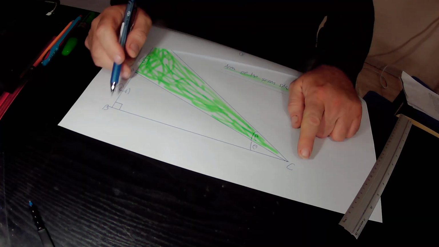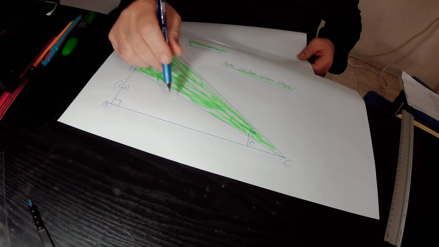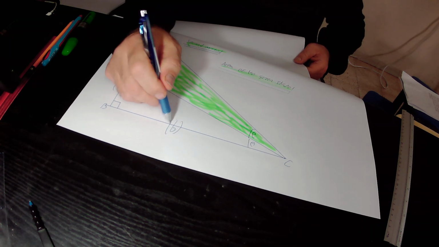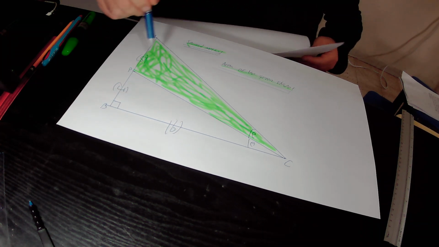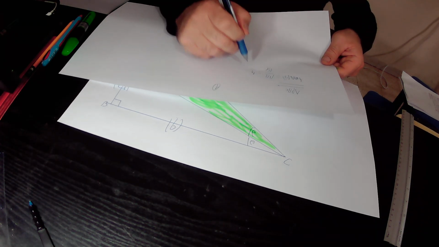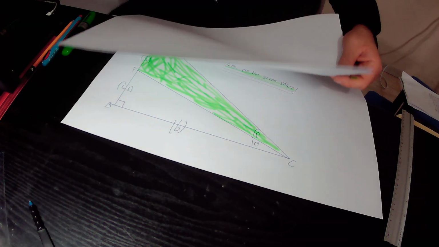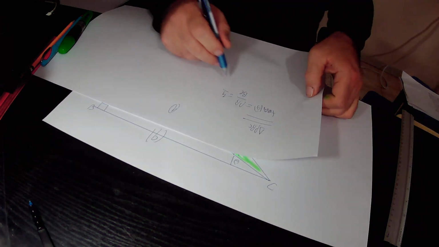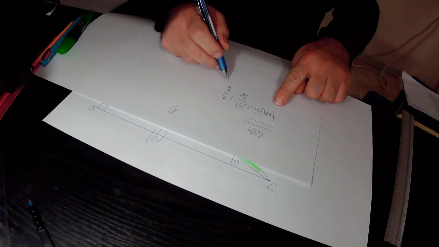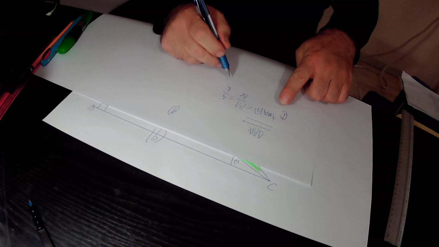We define the length of BC as b. So tangent theta equals PB, PB is 4, over BC. BC is b according to our definition. So in total, according to equation 1, tangent theta equals 4 over b.